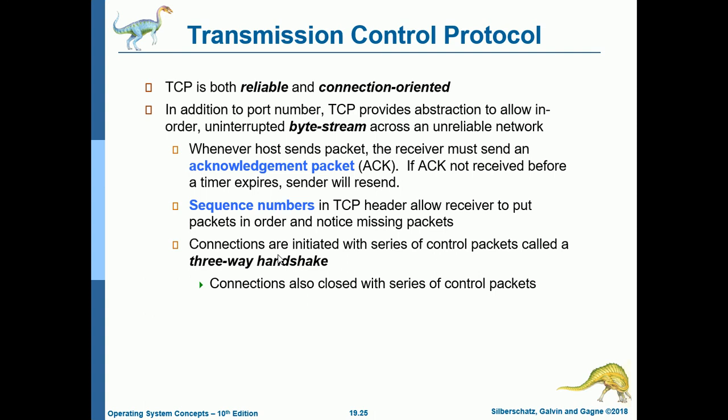Okay? And then it will send that back to my computer, and then my computer again will send an acknowledgement that the synchronized sequence number and acknowledgement is received. Then after that, the server will permit the client to download the data. So that is the three-way handshake.